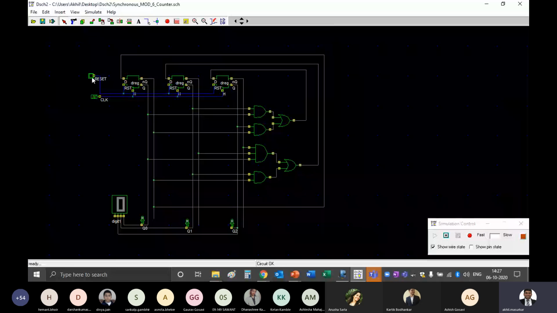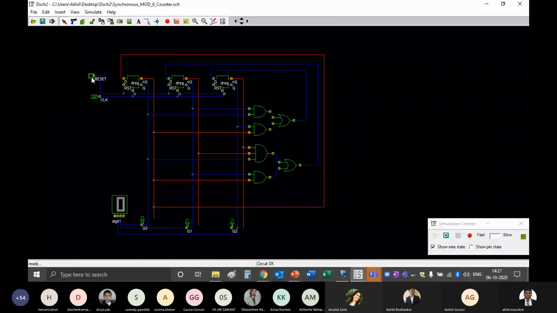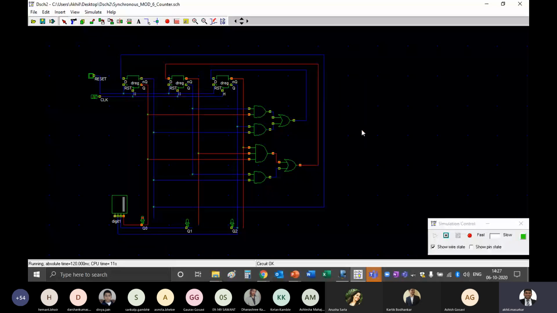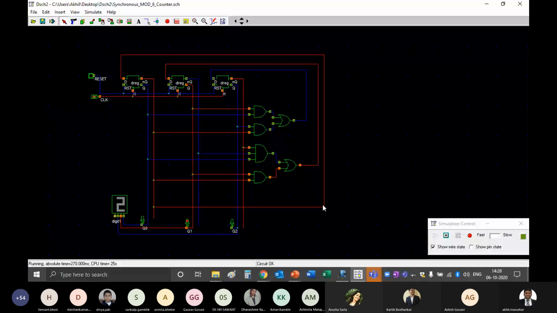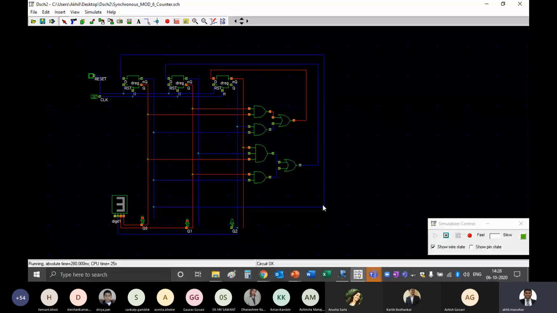So first I'll put a reset, and now you can see here on the display below, it will go to 3, 4, 5, and after 5 it will become 0. Again 1, it will count like that. So start building this circuit quickly.